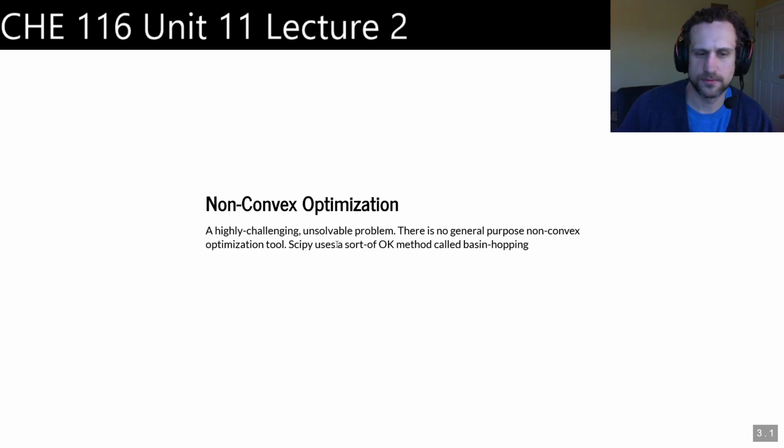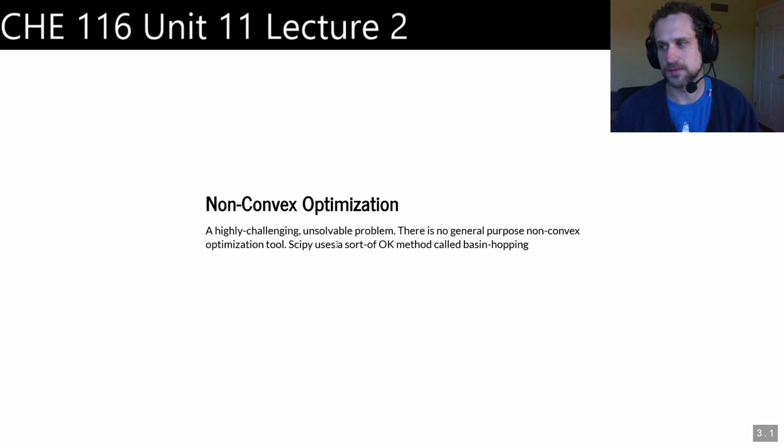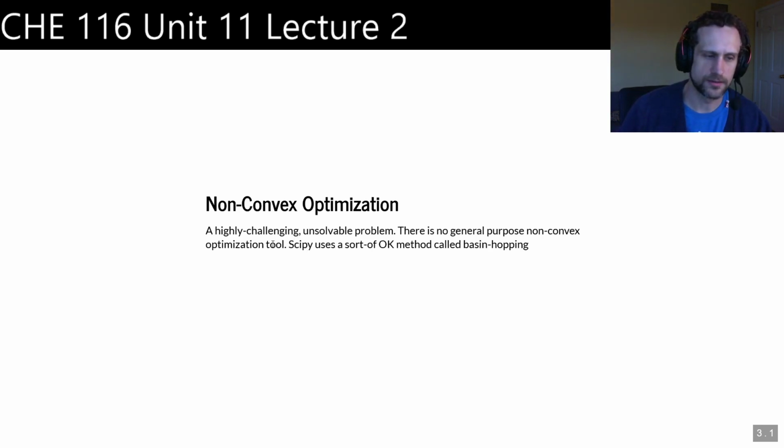So non-convex optimization is not really a solved problem. Minimization, convex minimization, and root finding are relatively solved problems, but non-convex optimization is an open problem. SciPy has a method called basin hopping, which is kind of like a Markov chain or a Monte Carlo optimization. It's okay.